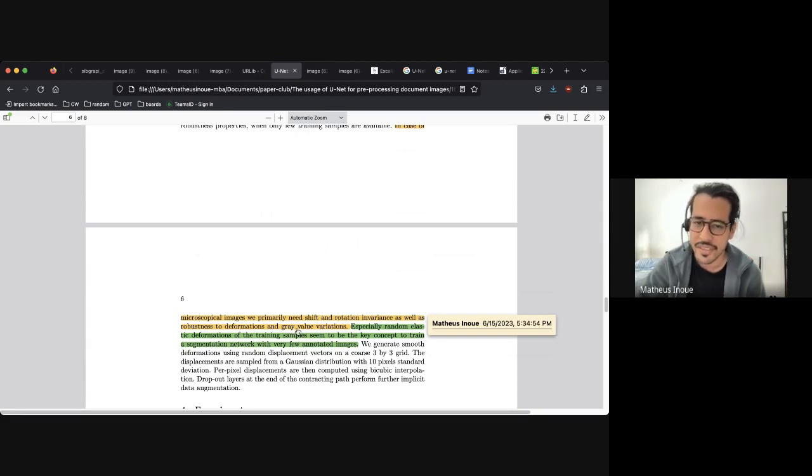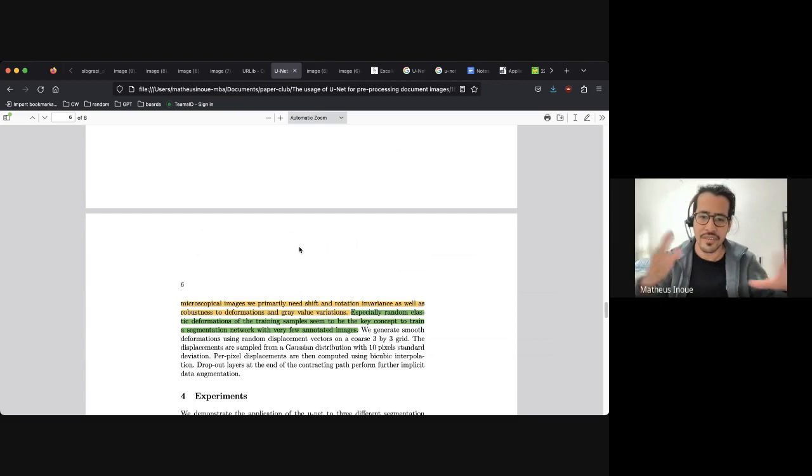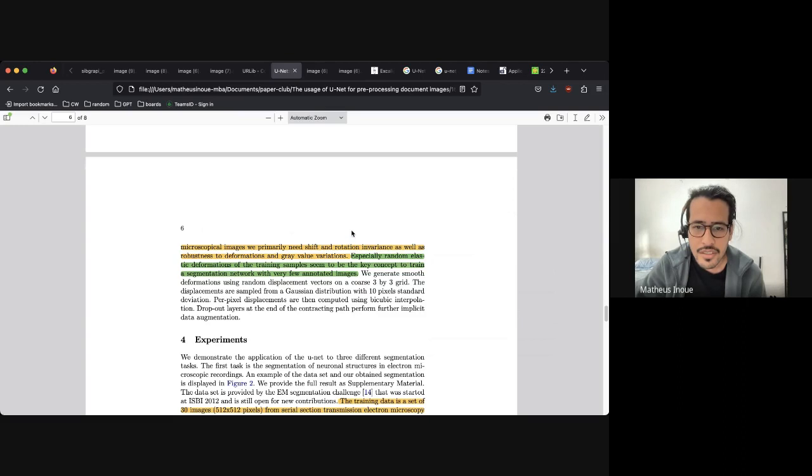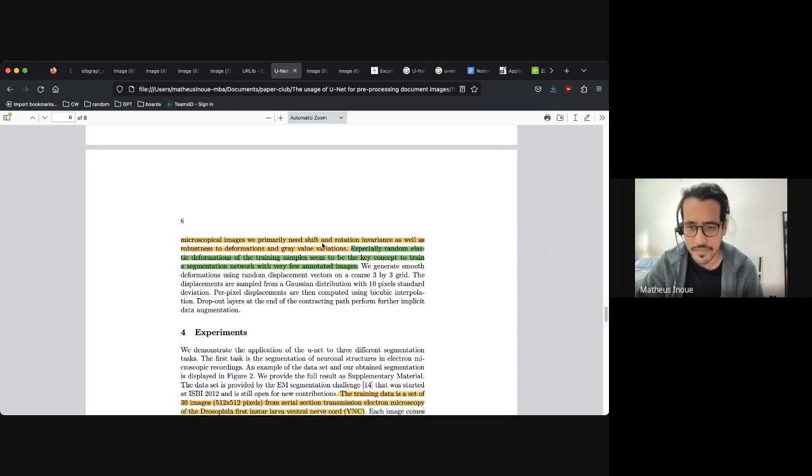So maybe they make the image slightly darker or slightly brighter, maybe they change the contrast of the image, etc. So they vary the images a lot, and since they also know the ground truth, it's kind of simple to do. And they say here that these deformations seem to be the key concept to train a segmentation network with very few annotated images.